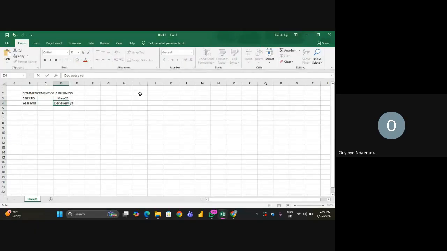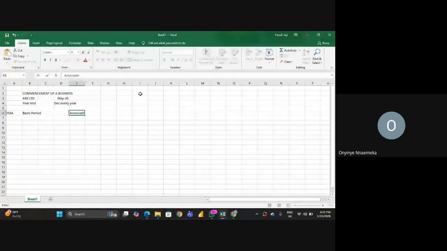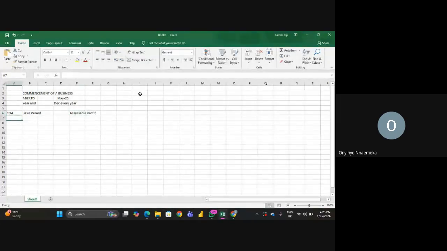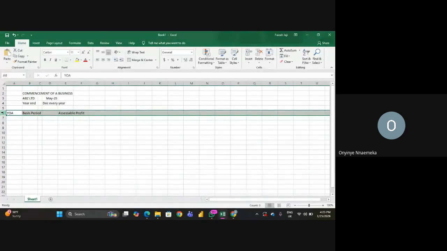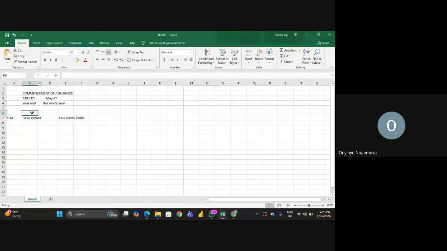So now we have the year of assessment, basis period, and the assessable profit. According to the new rule, let me emphasize that, the new rule.